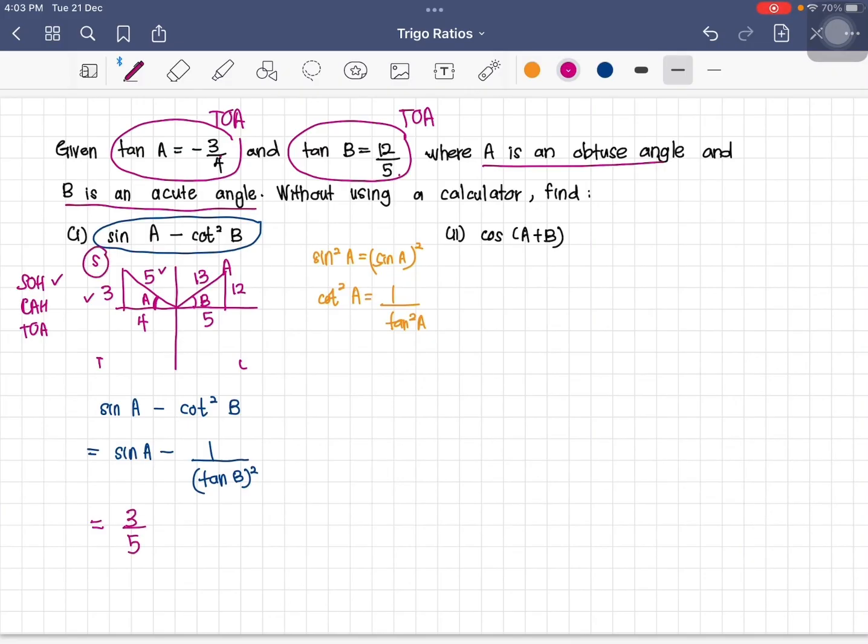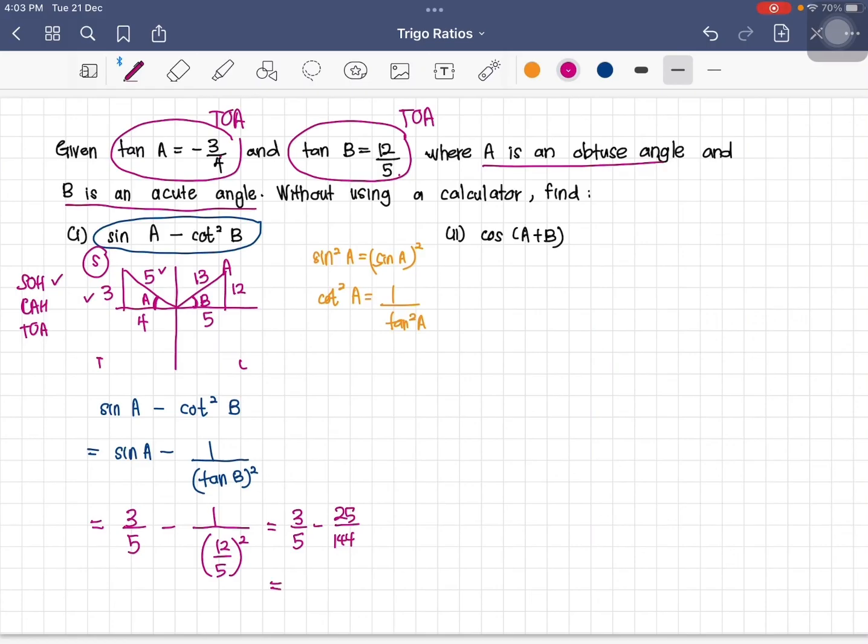Yes, it's positive because sine is positive on this side. Minus tangent of B. B is on this side, so tangent of B squared, meaning you have 12 over 5 as given by the question, squared. You try to simplify this one. You get 3 over 5 minus, I guess, 25 over 144. So you try to find the value.